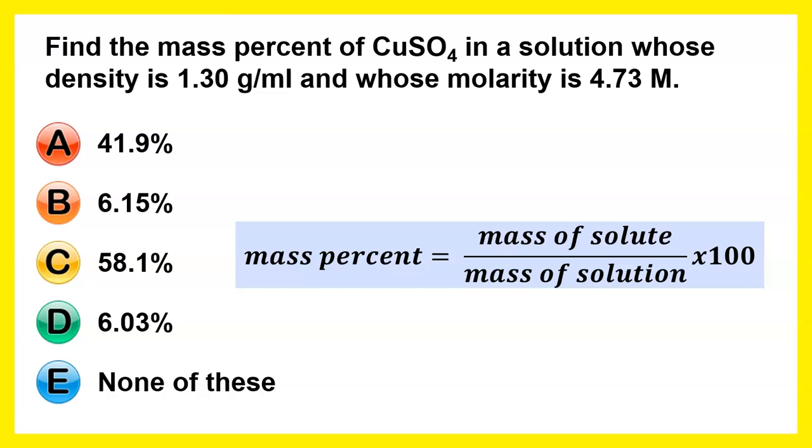But if you think about the equation for mass percent and the units that you're after, and then write your molarity as moles per liter, right? Think of it that way. You should be able to figure out places you can plug in and do some conversions to get mass percent. So pause and see if you can puzzle through that. See if you can kind of figure out all the little pieces and how to put them together.